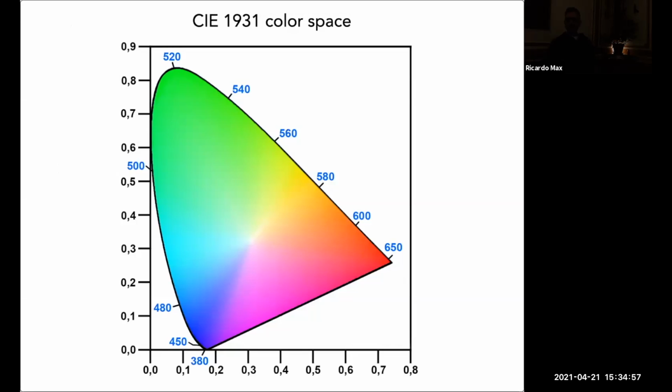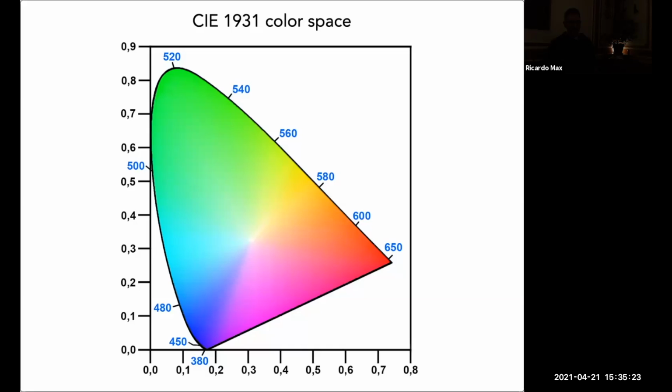It's a Cartesian organization of the way we perceive color. So what it means is that the outer line, from here to here, is the pure colors, the wavelengths of the pure colors.